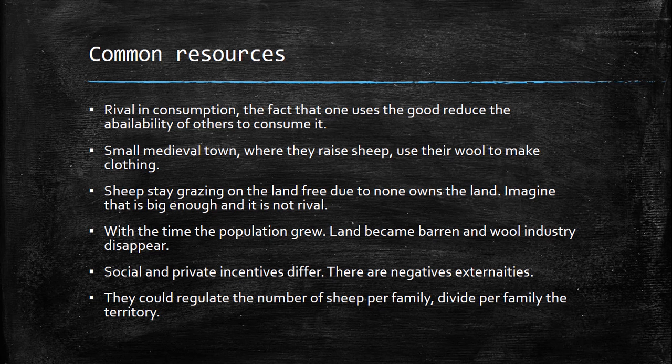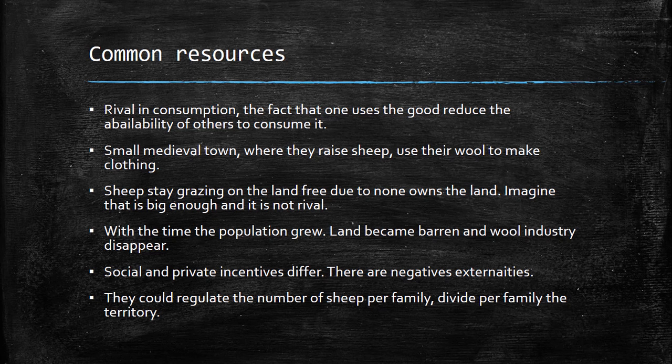Basically, it happened because there are two branches: social and private incentives are different. On one side, society wants to have the land forever, but privately, people want to benefit from raising sheep.